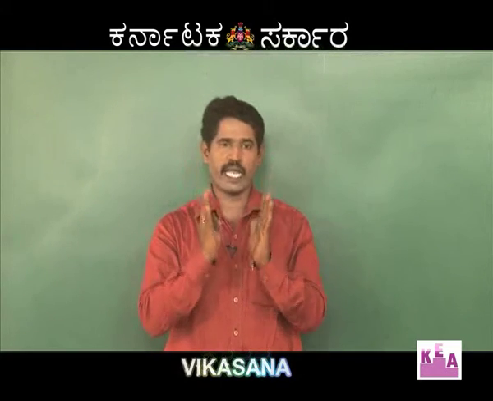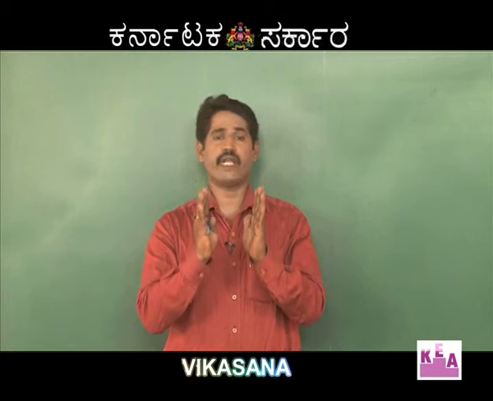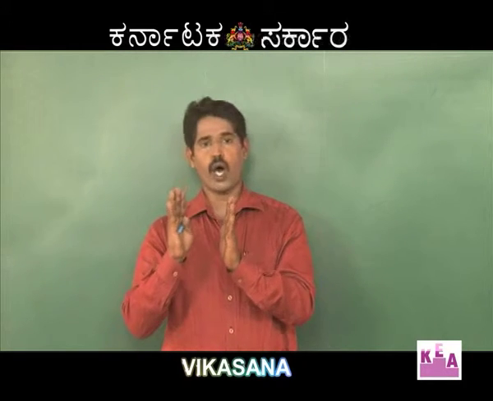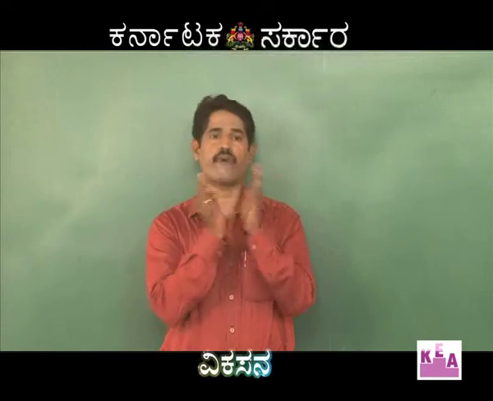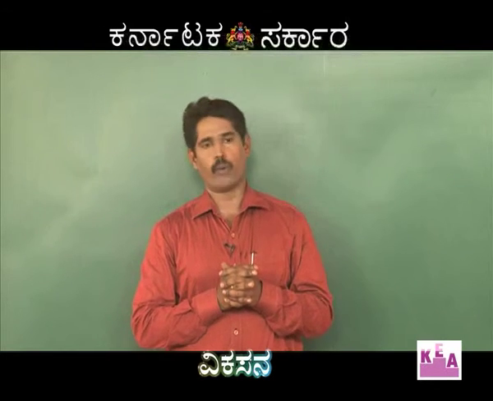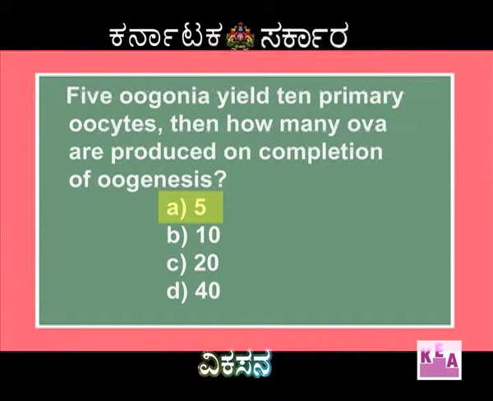Out of the 20 haploid cells, 15 will be polar bodies and only 5 will be ova. So, for this question, the right option is A, that is, 5 ova are going to form.